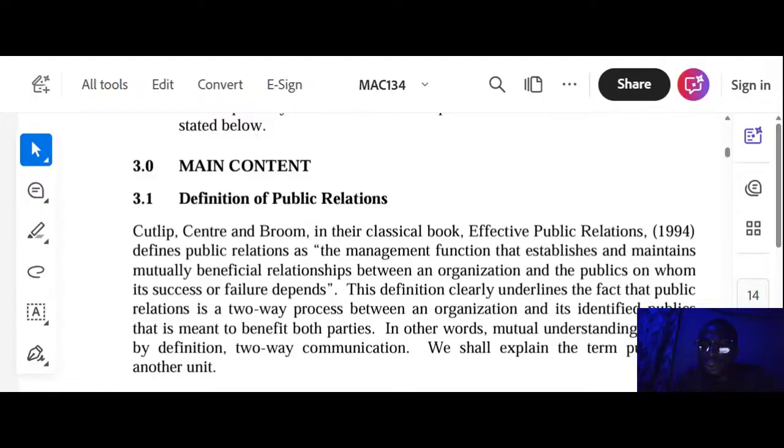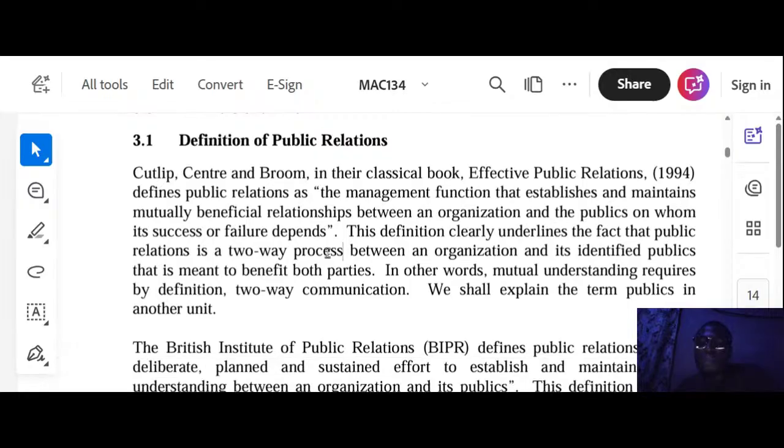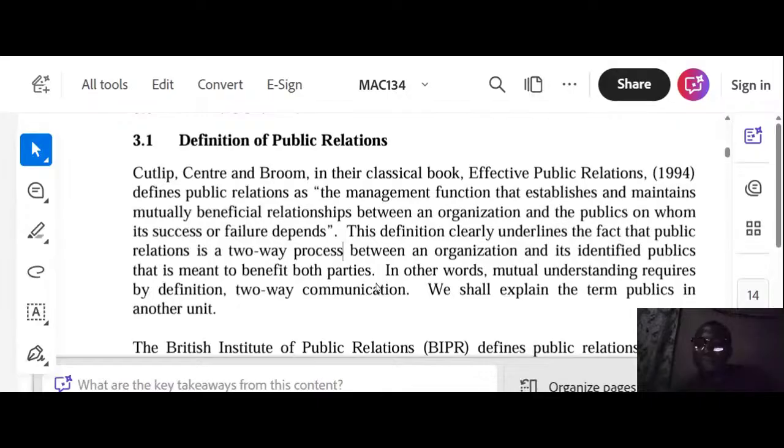The management function that establishes and maintains mutually beneficial relationships between an organization and the publics on whom its success or failure depends. This definition clearly underlines the fact that public relations is a two-way process. Why? There is a mutual benefit on the part of the organization and also the public itself, between an organization and its identified publics, meant to benefit both parties.